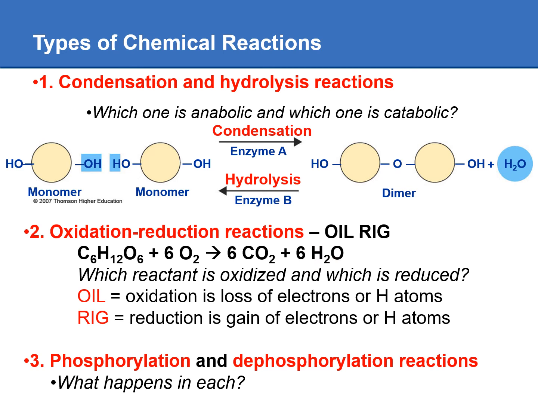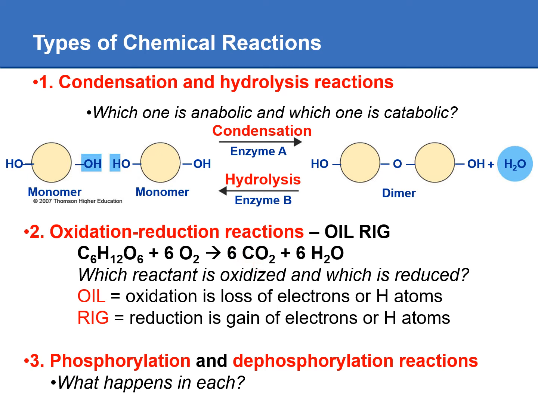Okay, so if we look at glucose, notice the hydrogen atoms. We've got lots of hydrogens in glucose. And then if you look over here on the other side, by the time you get to carbon dioxide, they're gone. So we would say that the glucose, that reactant, is oxidized because it lost the hydrogen atoms or electrons.